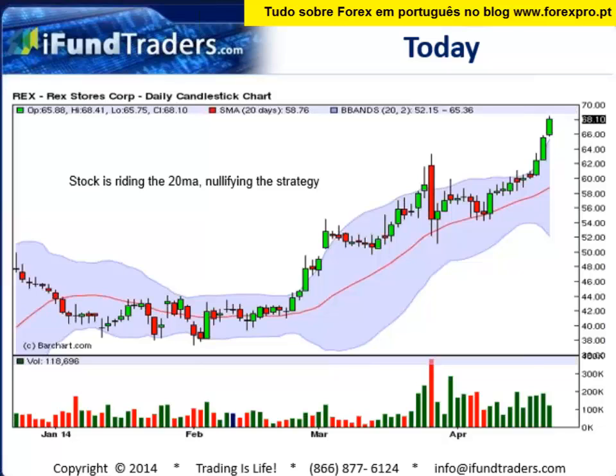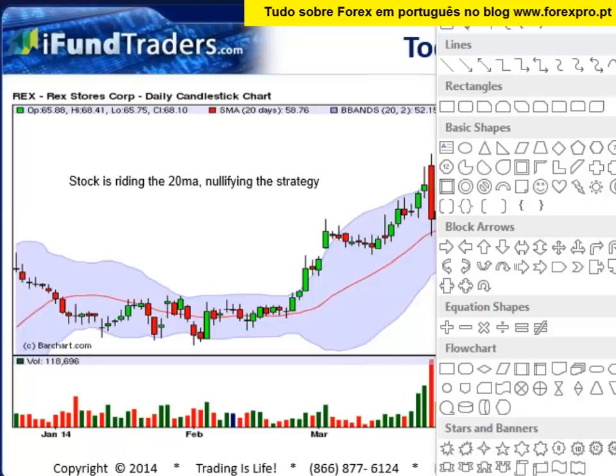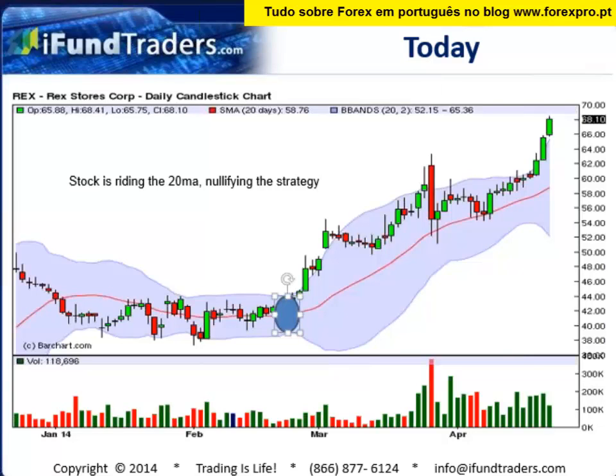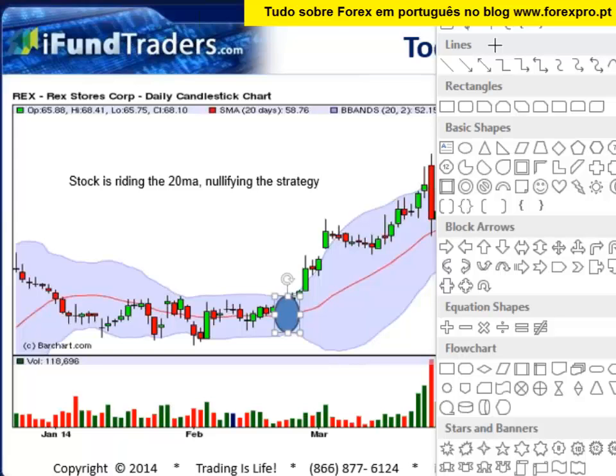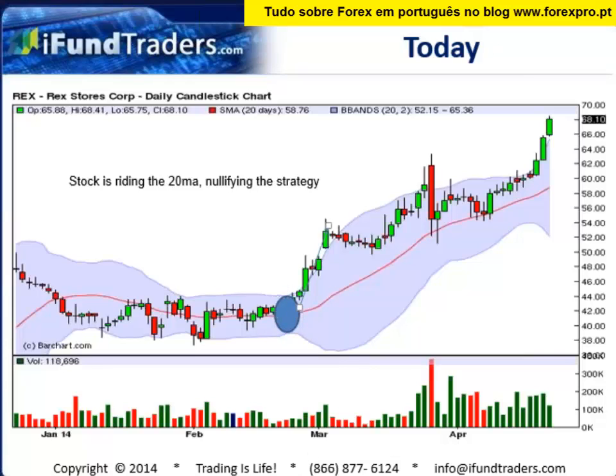Okay? Here's another one. You originated from narrow bands. These moves that go from narrow bands to the upper part are just the beginning on average. As you can see, just the beginning. All right?